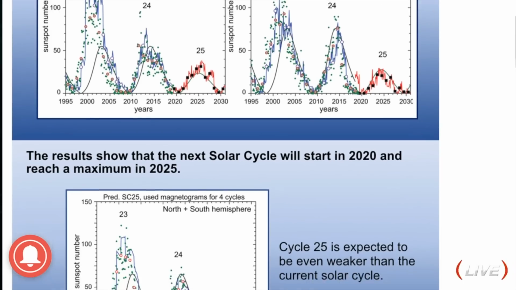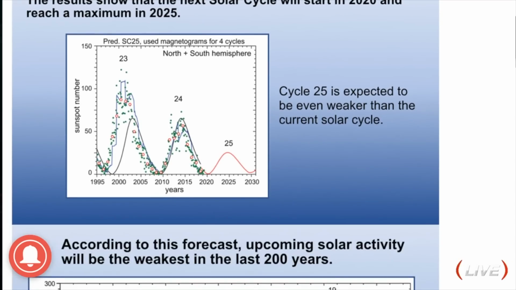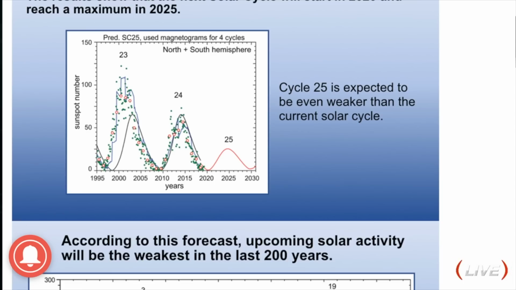It goes on to read that the results show that the next solar cycle will start in 2020, reach its max by 2025. Again, that's pretty puny. Cycle 25 is expected to be even weaker than the current solar cycle. So what we were told last year, where some scientists had a bug up their butt, didn't like that this sunspot theory was actually proving correct.